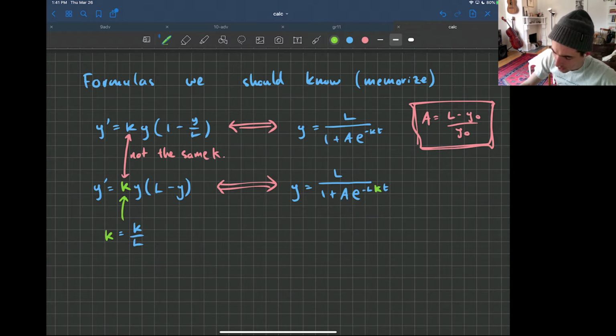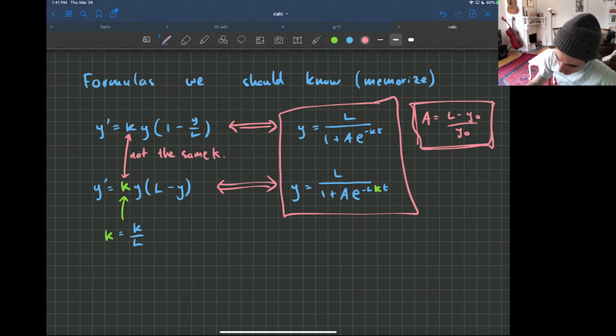I'm hoping that makes sense, because this green k is equal to the blue k times L. So it's the same formula. It's just that one has a green k, the other one has a blue k, and the green k and the blue k differ by a factor of L. That's really the only difference.